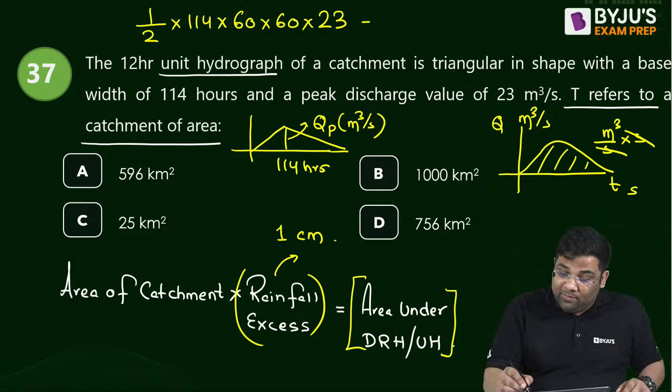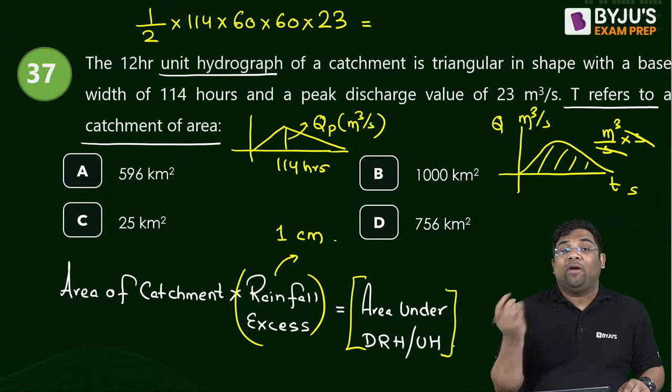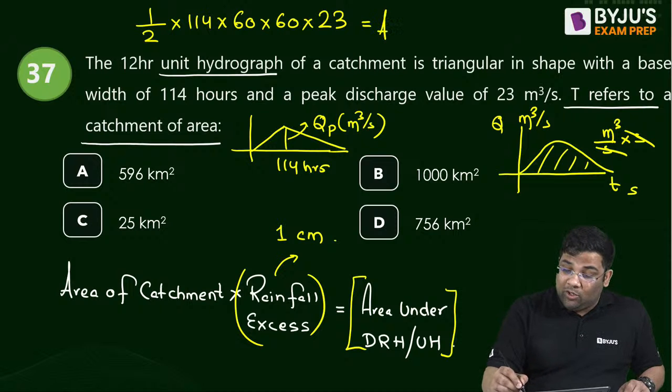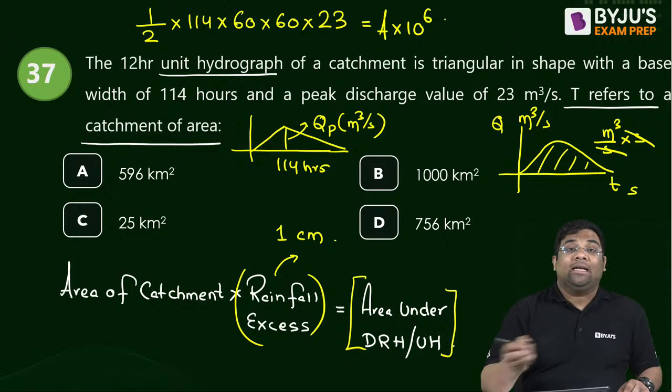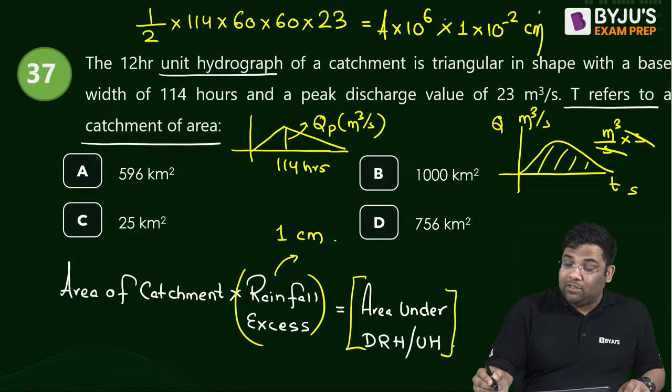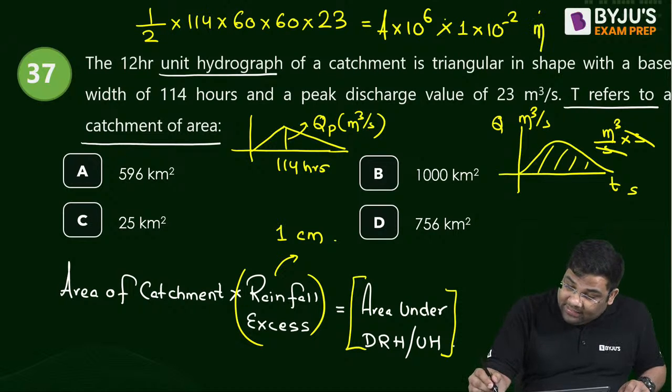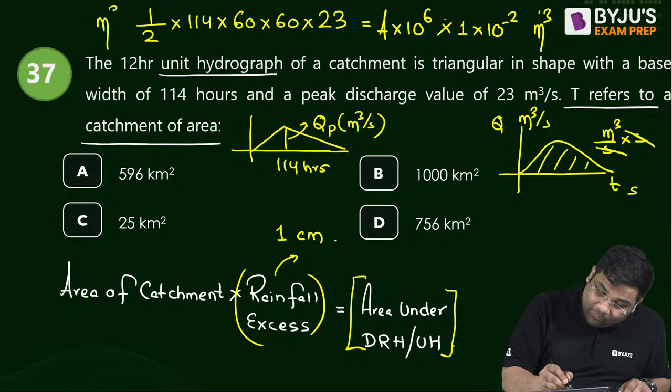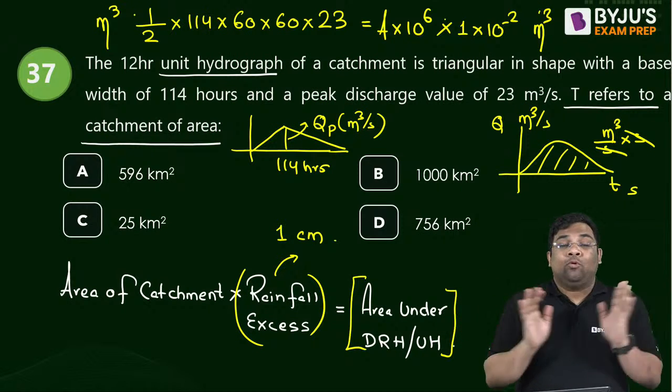So meter cube. This will be equal to the area of catchment I'm trying to find in kilometer square. So kilometer square I'll convert into meter square, into 10 to the power 6, and the rainfall excess is 1 centimeter, that is 1 into 10 to the power minus 2 meter. So this is meter cube. Why? Because you see, this side it is meter cube, this side is meter cube. So it should convert such a way that both sides I get meter cube.